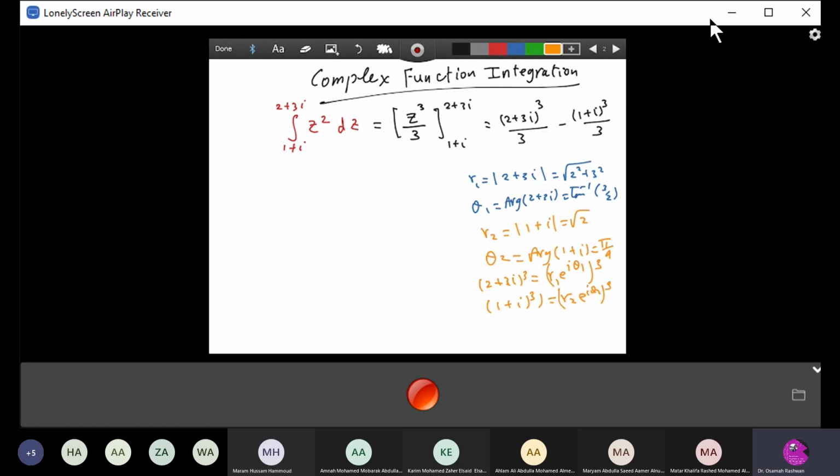Once I finish, I have it in terms of cosine and sine, because e to the i theta is cosine theta plus i sine theta. This is how to handle the result. If you'd like to complete it, at least now you have passed the result.